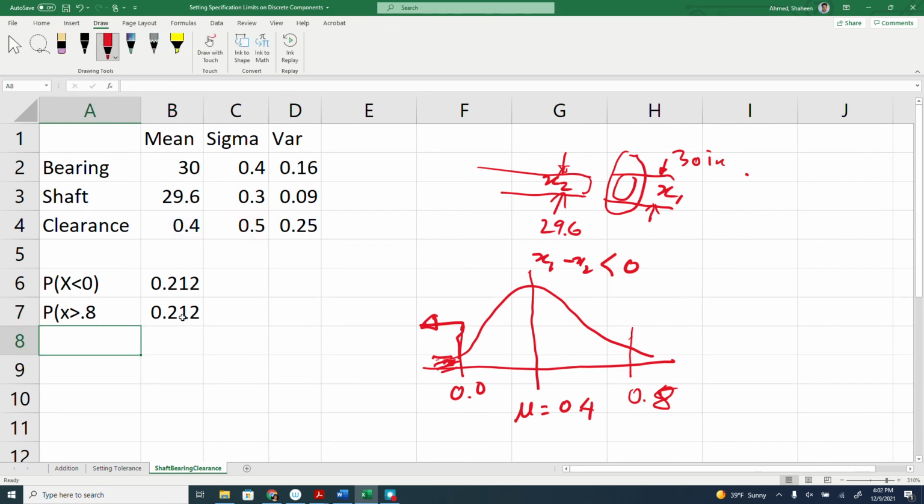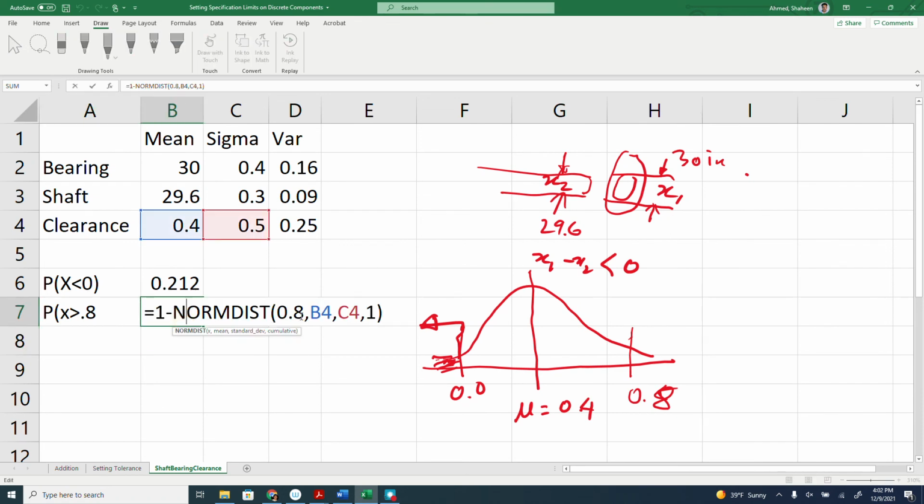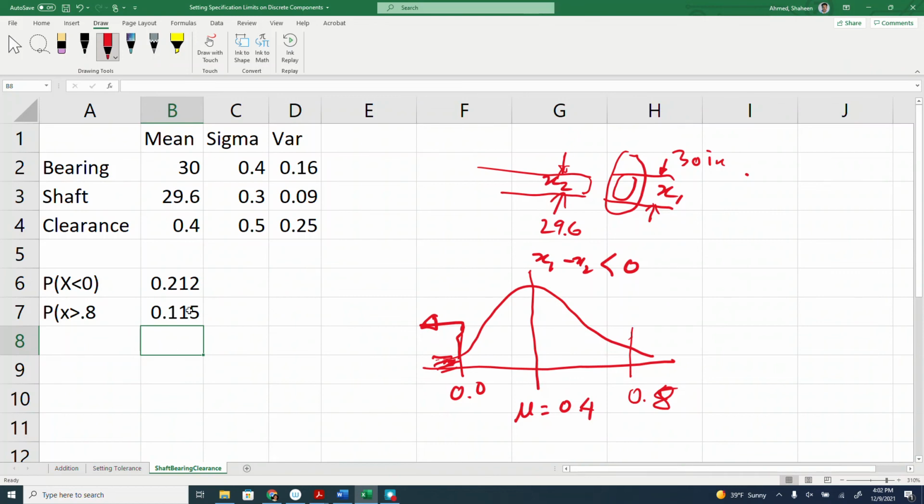That came out the same, but if you change that 0.8 to, let's say, 1.0, to check high clearance, anything over that is 0.115.